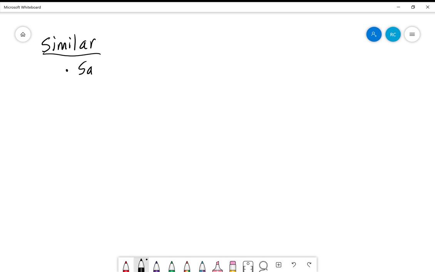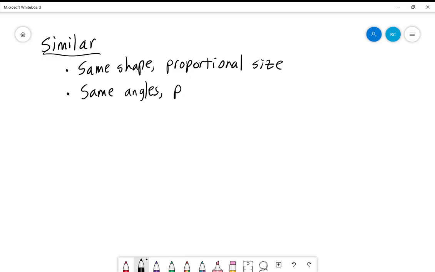We're going to say it's the same shape with proportional size. Now, later on, we sort of kind of upgraded this definition into same angles and proportional sides. And this gives us some really good criteria for trying to figure out whether or not two objects are similar.